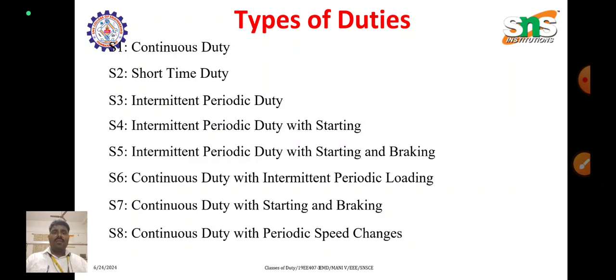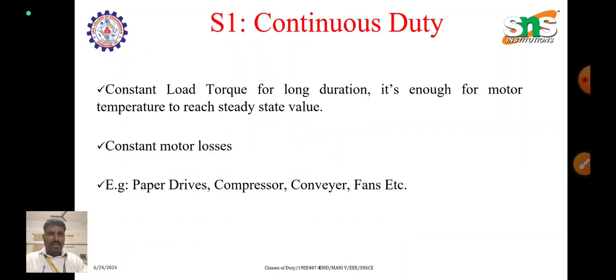S4 is intermittent periodic duty with starting, S5 is intermittent periodic duty with starting and braking, S6 is continuous duty with intermittent periodic loading, S7 is continuous duty with starting and braking, and S8 is continuous duty with periodic speed changes. These are the different classifications of duties according to the motor operation. According to the motor operation, it can be classified into 8 duty cycles.